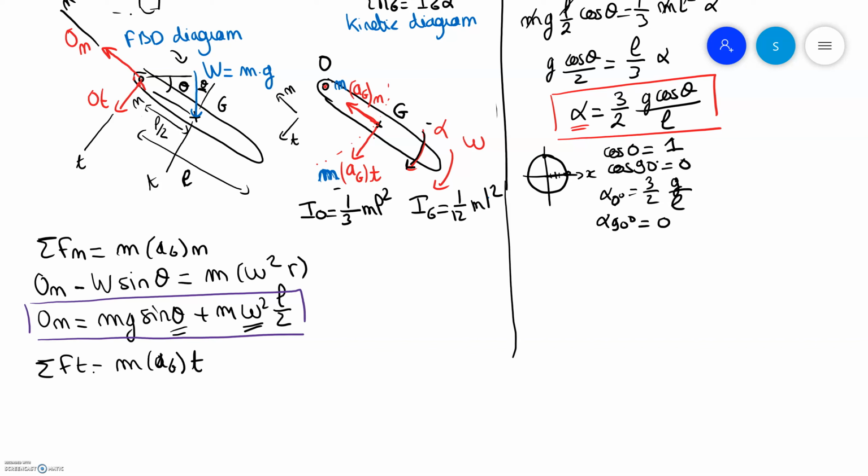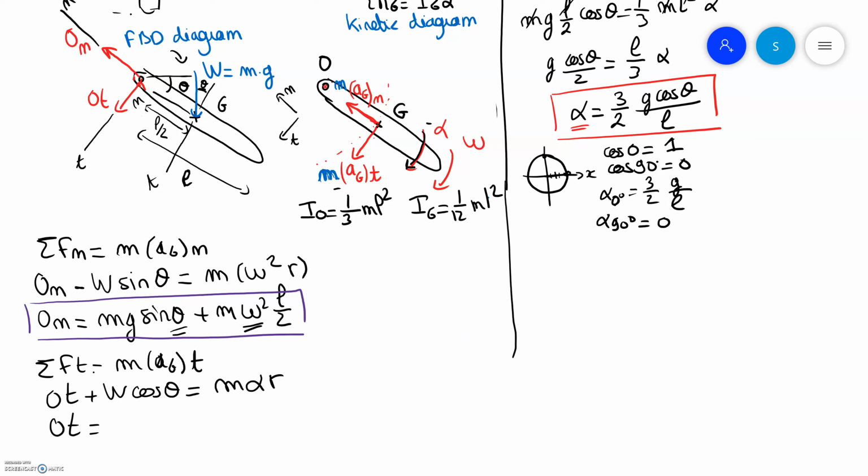So on T, we have OT, and we have plus W, and it's adjacent with the angle, cosine theta. Well, m a_G is equal to alpha R, what we call R in our equation, but let's replace after that.